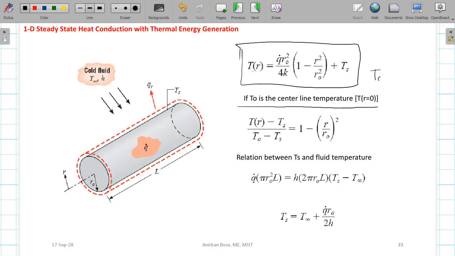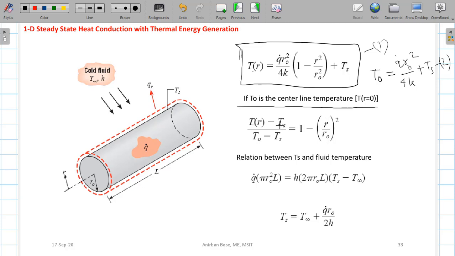So if you put r is equal to 0, T0 will become Q dot r0 square by 4k plus Ts. Now you subtract equation 2 from equation 1, and you will get Tr minus Ts.